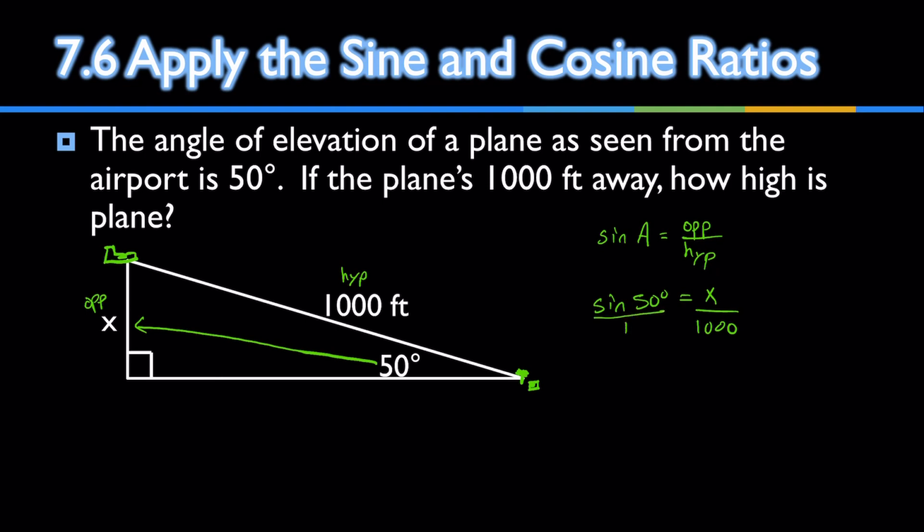Put the sine over 1 so we can do a proportion. X times 1 equals 1,000 times sine of 50 degrees. I put that in my calculator and I end up with approximately 766 feet.